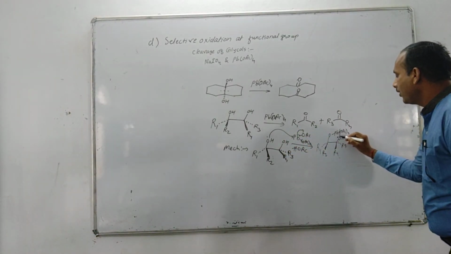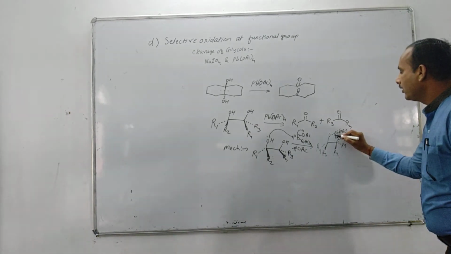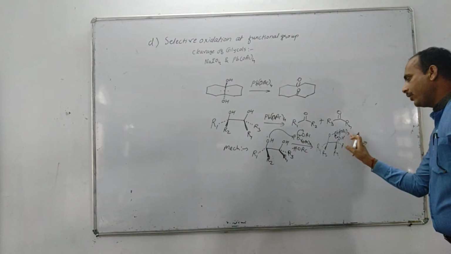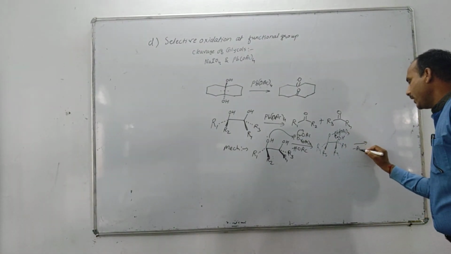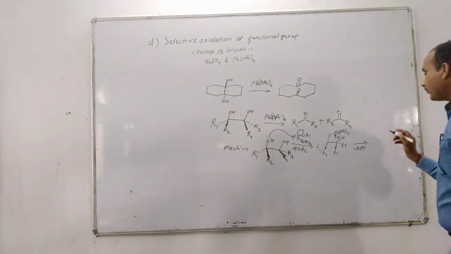Again the lone pair of another OH group attacks the lead, there is again loss of one OAc group, and that OAc group takes the proton, minus AcOH, another acetic acid molecule is removed.